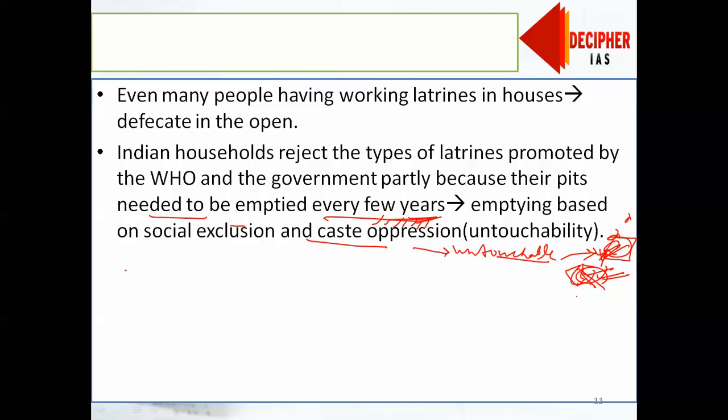These people are called bhangi in Hindi. They face the worst form of discrimination in the village or rural society. They can also be called manual scavengers.